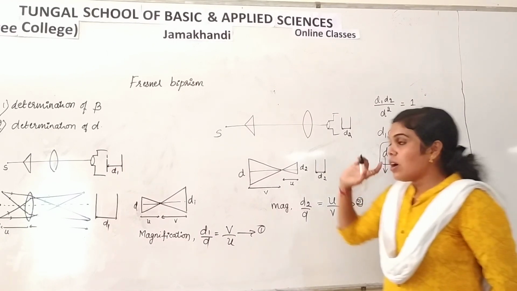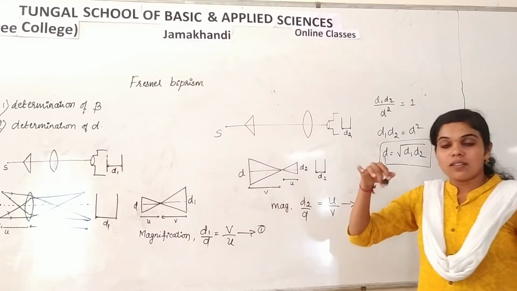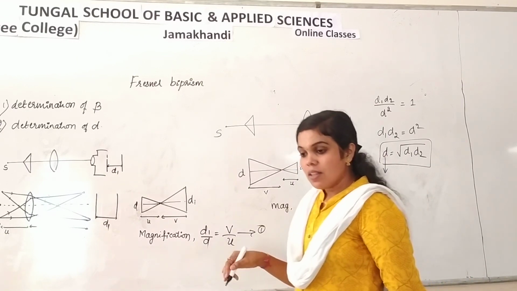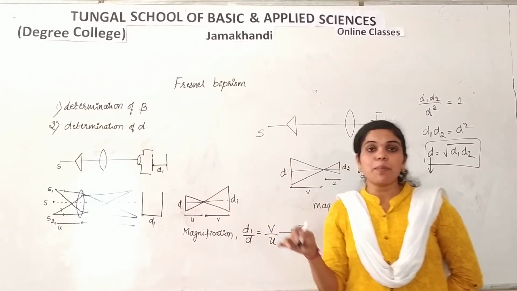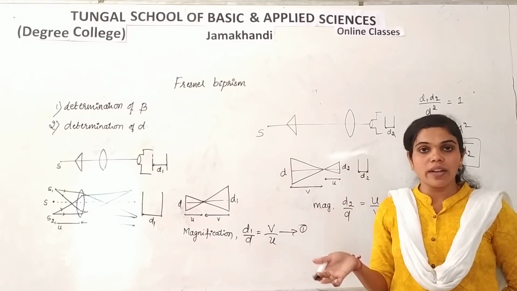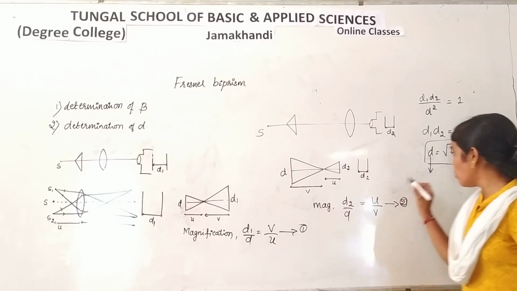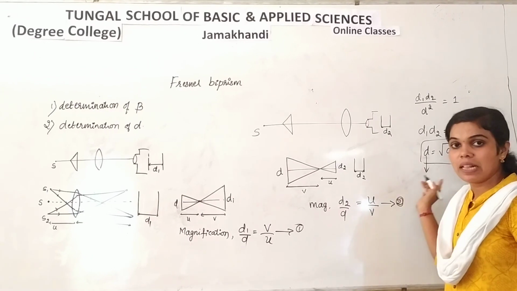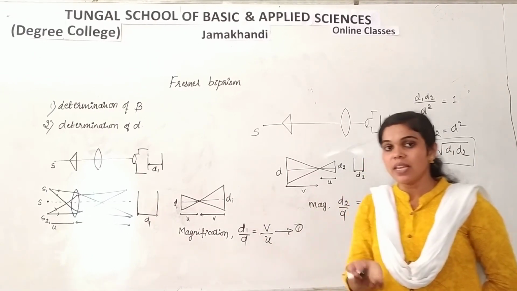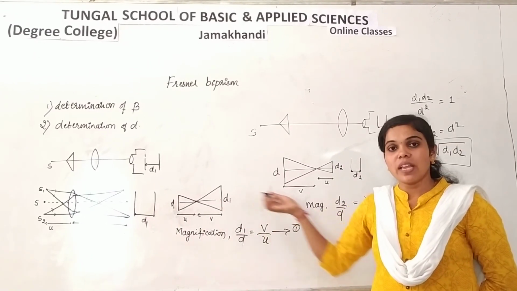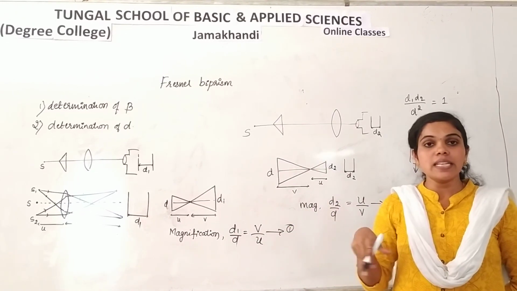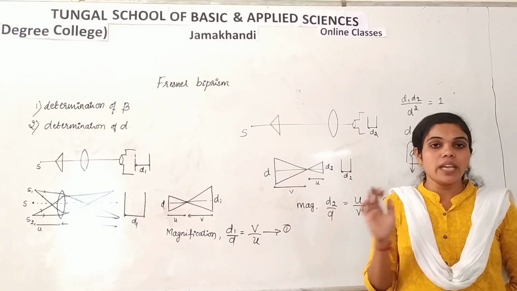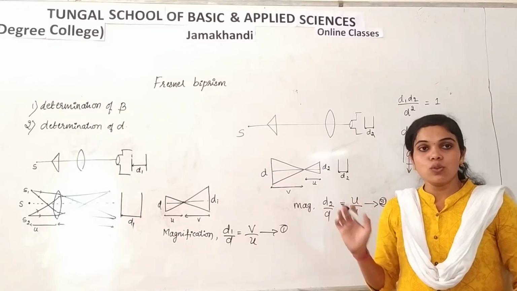Now the expression for the wavelength is lambda equal to beta d divided by capital D. Beta, the fringe width, we already have, and small d we get with the help of this expression. Capital D, with the help of thread and scale, we can measure the distance between the source and the micrometer eyepiece. So if all these three things are known, we can determine the wavelength of light used. Thank you.